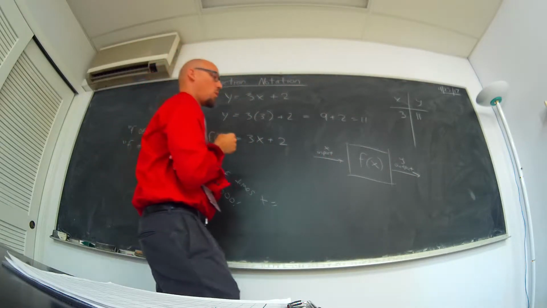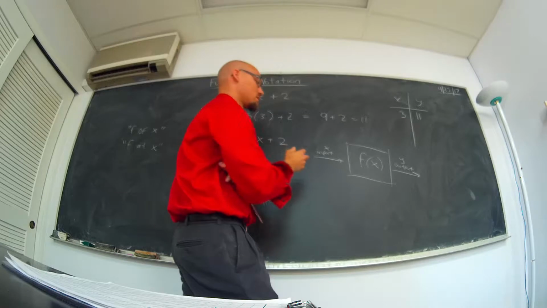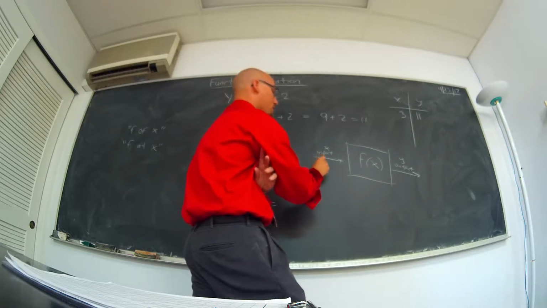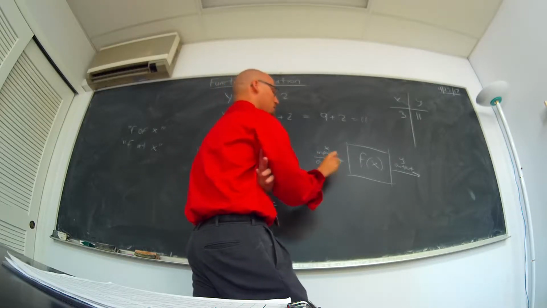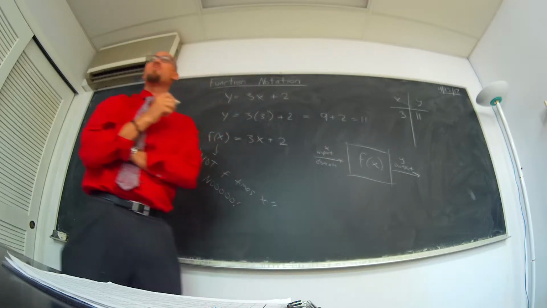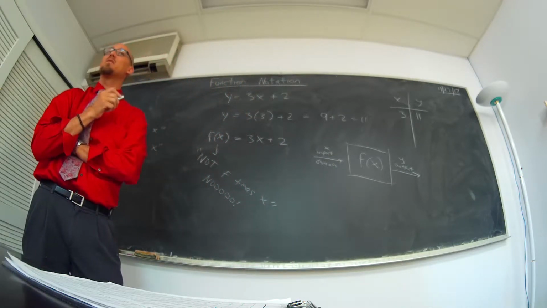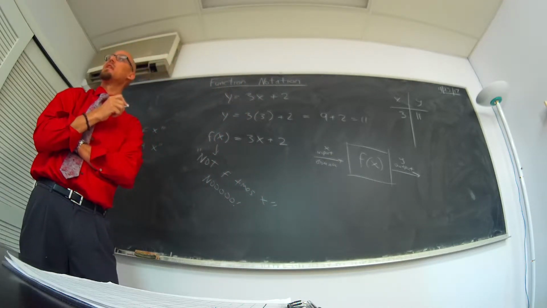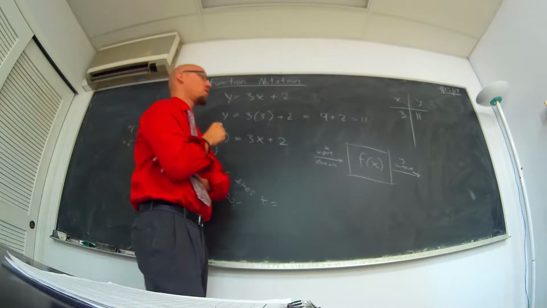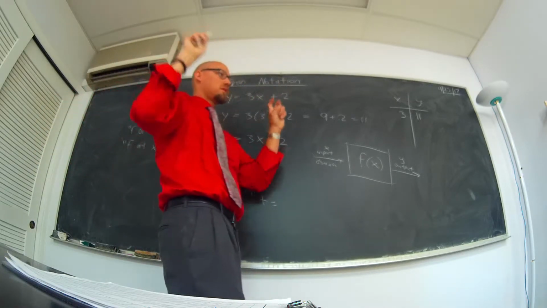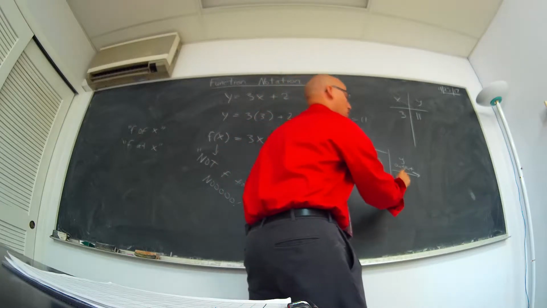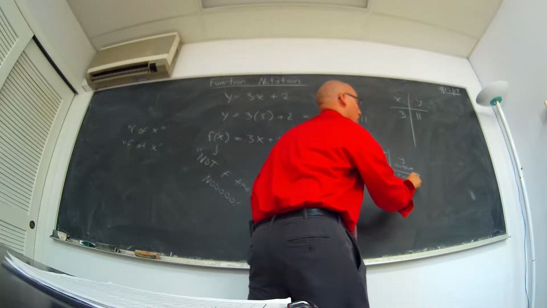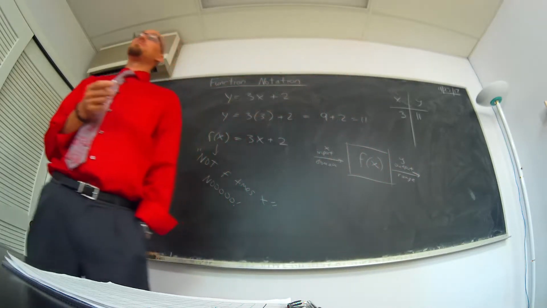And eventually we'll start talking about all of your possible x values that you can put into a function, which is going to be called your domain. So take note: any possible x value that you can plug into a function is your domain. And the range is all of the possible values that can come out of a function.